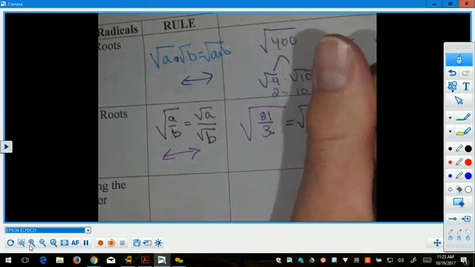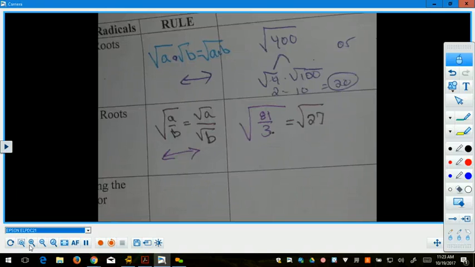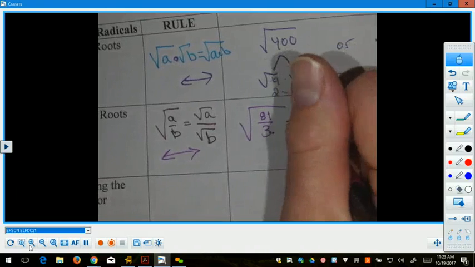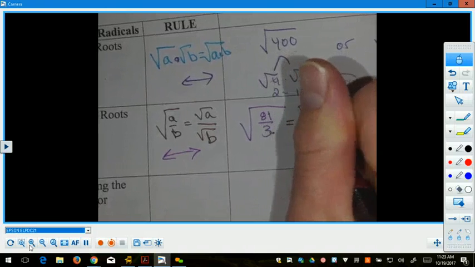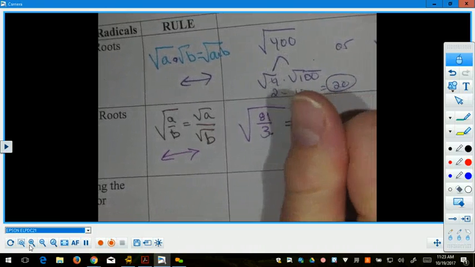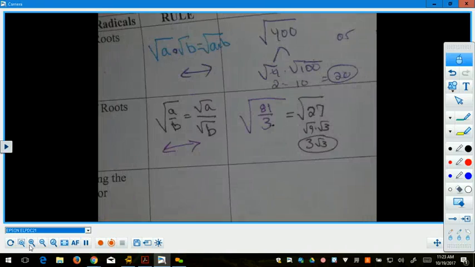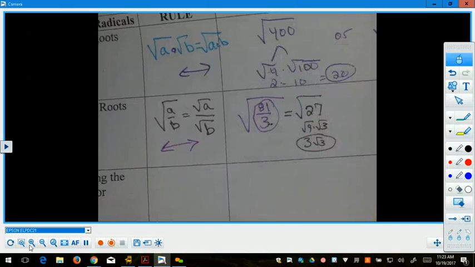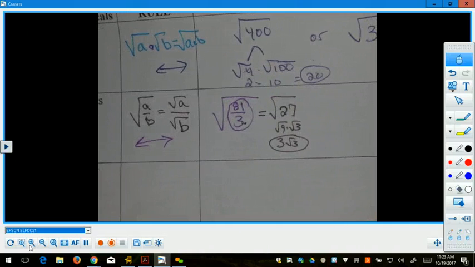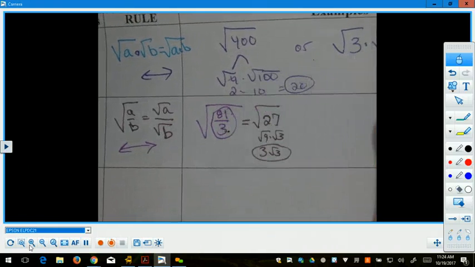Try 27. Could we break down 27? Yes, we've done it a few times today. It's square root of 9 times square root of 3, which is 3 square roots of 3. How did I get the square root of 27? I did 81 divided by 3. Now, I didn't use the rule for this one. What I wanted to show you, I didn't write the right thing down.